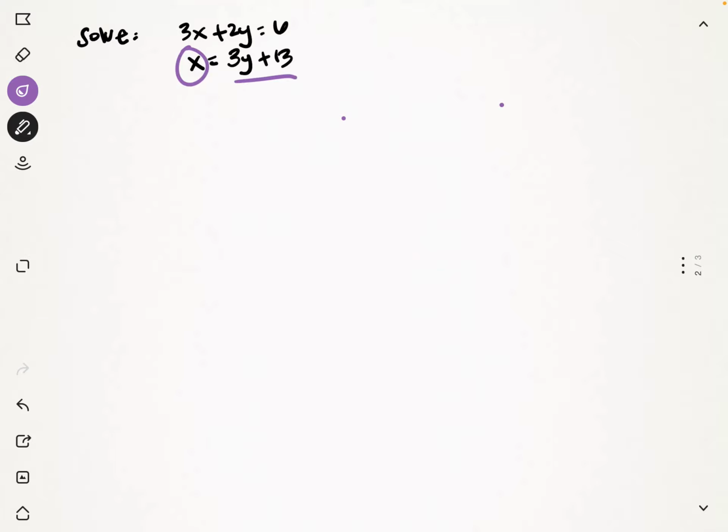situation to use substitution. So what we're going to do is we know that x is equal to 3y plus 13. So into the other equation where we have our x, we're going to substitute 3y plus 13. And the reason we do this is so that we end up with just one variable in our equation. And in this case, it'll just be the y's. So notice we just took our x, and in place of it, we placed 3y plus 13.